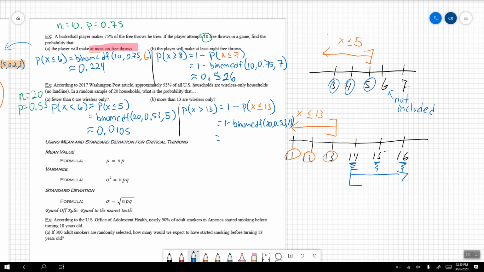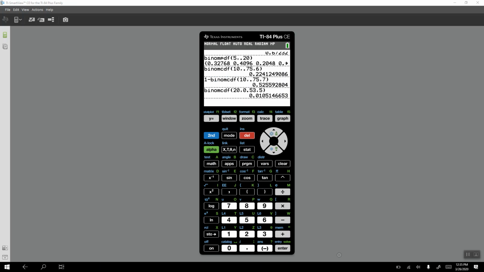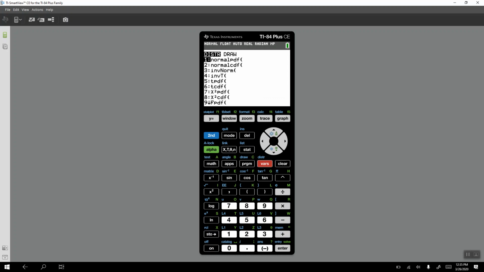So let's do this on the calculator really quick and see what we get. Here we go. That was 1 minus the binomial CDF, and that was going to be 20 trials, probability of success stays the same, and that was the 13 households.